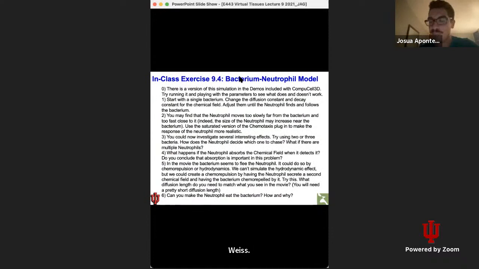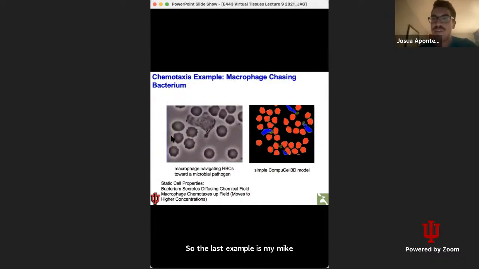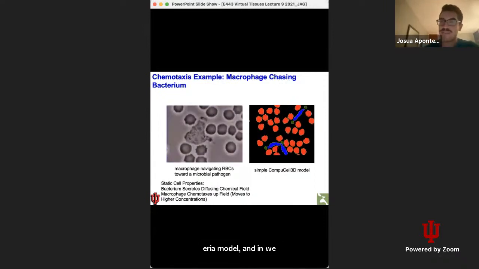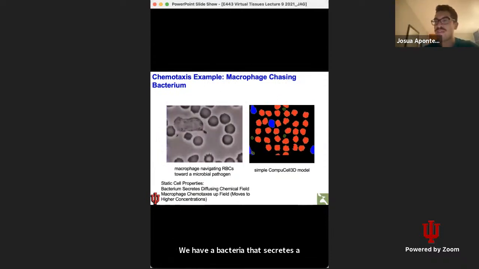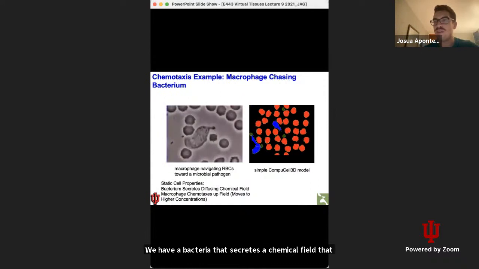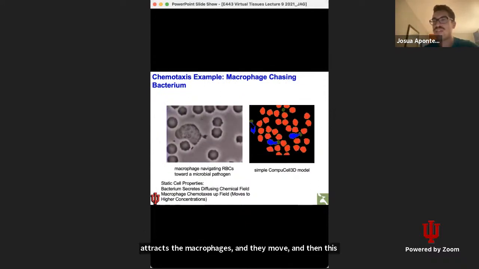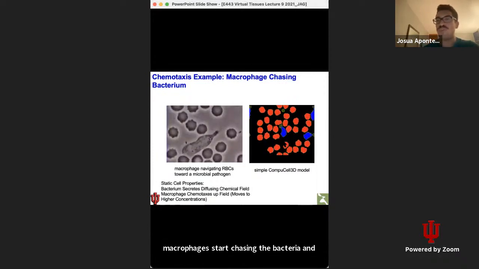So the last example is the macrophage chasing the bacterium model. In this exercise, we have a bacterium that secretes a chemical field that attracts the macrophages, and they move, and then these macrophages start chasing the bacteria and pushing them away.